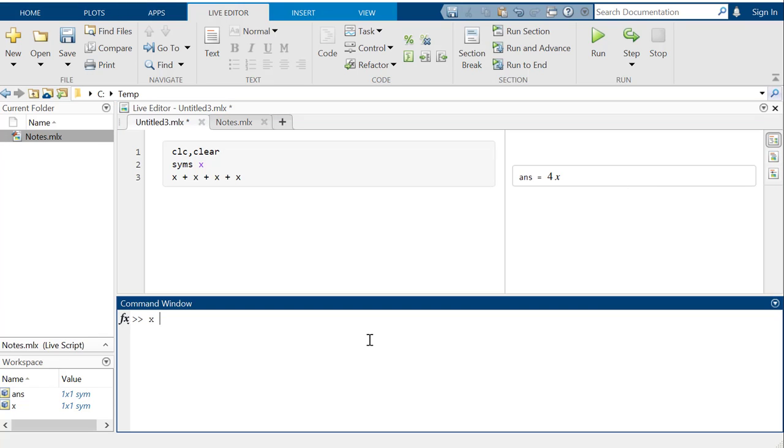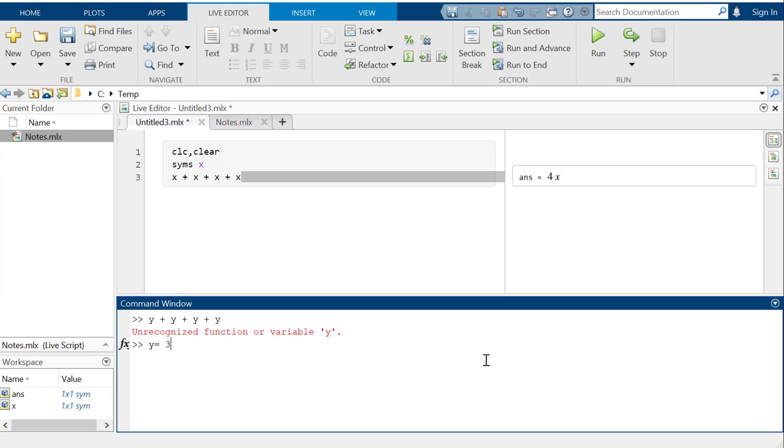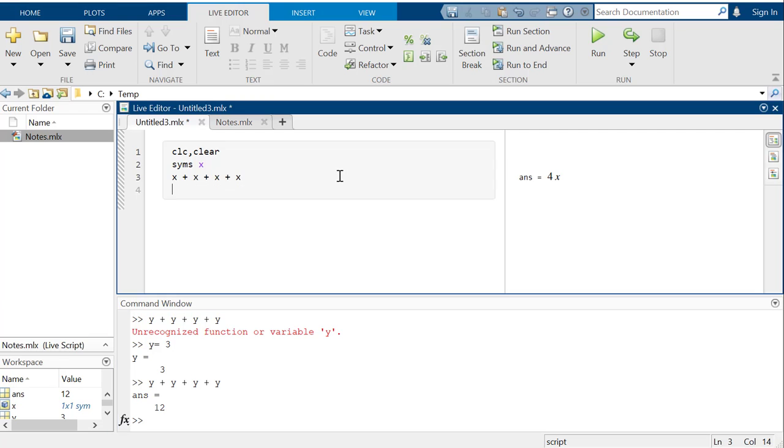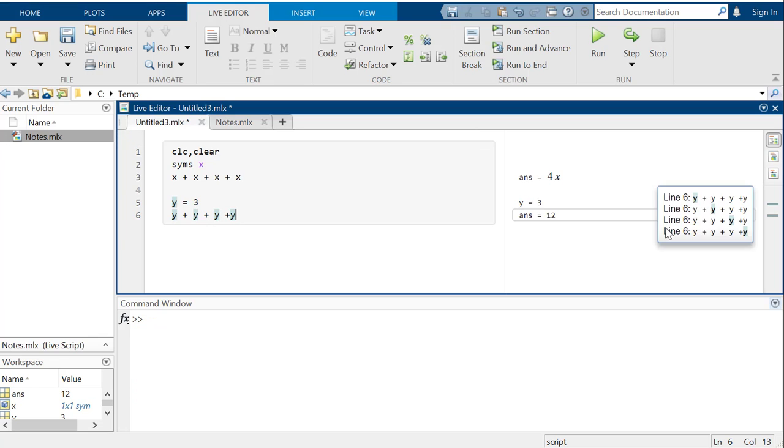Okay, so as a reminder, if I tried to do y plus y plus y, it's going to say I don't know what y is. Or even if I said y is 3, and then I did y plus y, it's going to come back as 12. So I could do that here: y plus y. See how it comes back as 12.